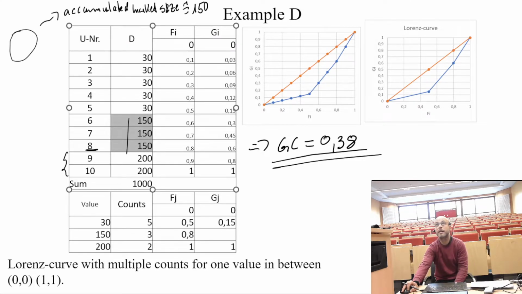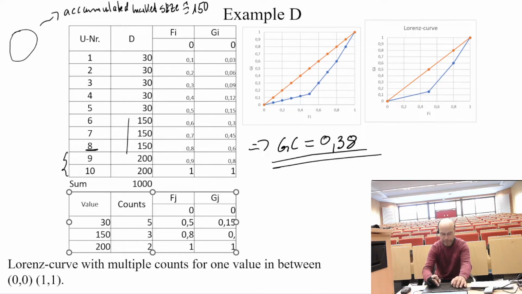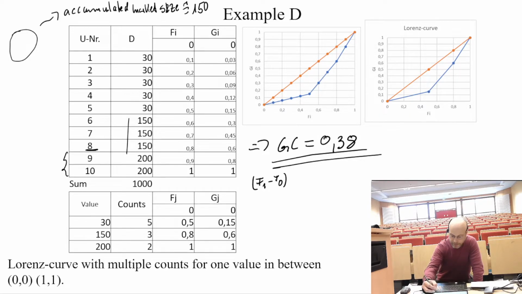This is of course then a total market size of 0.45 accumulated with 0.15 is then of course 0.6. And then let's do this now by hand and not with Excel. Then of course we have F1 minus F0 times G1 plus G2.